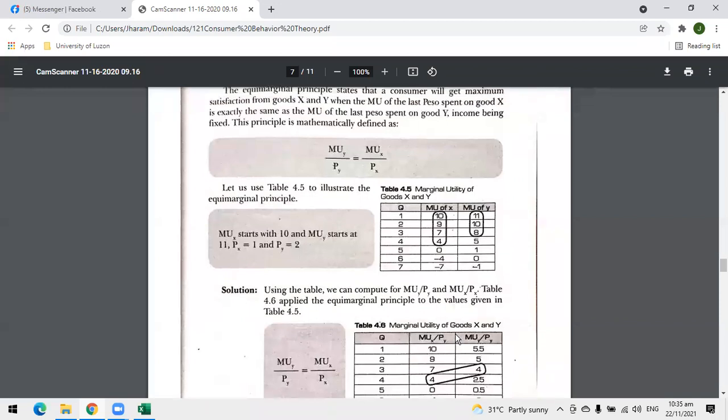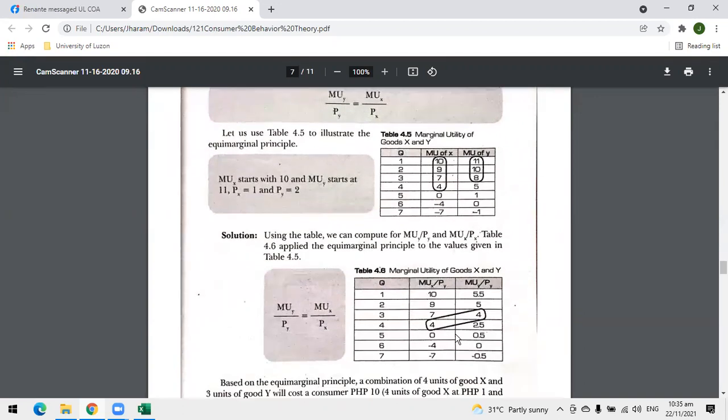Hala sir, paano yun? The last peso spent on the product Y. Ang problema kasi, no? Problema dito, kukumpitin, actually, titingnan mo siya sa table. Kaya hindi ko siya masyado talagang ma-explain through computations kasi titingnan mo yung table.